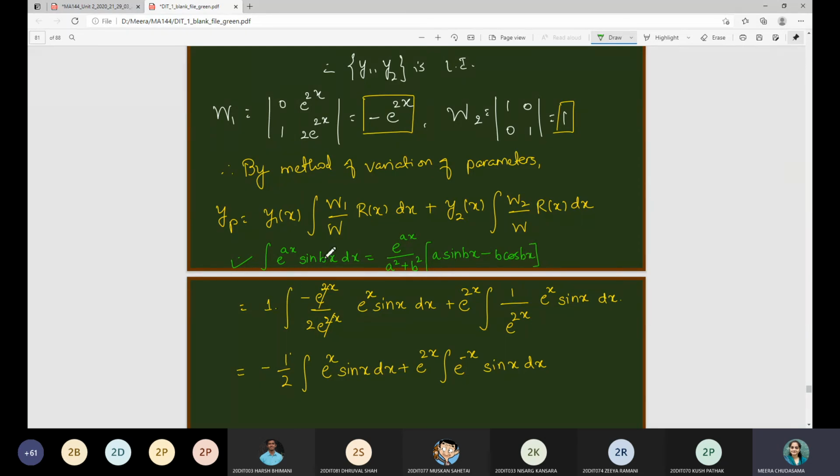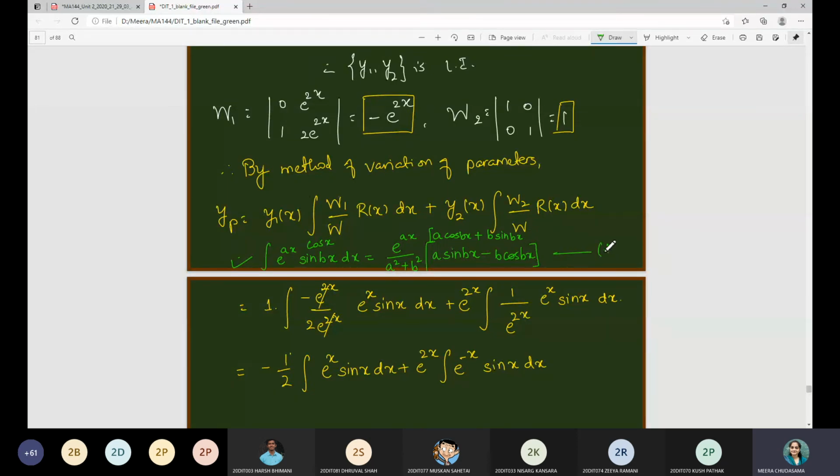And whenever cosine is there in the integrand, the multiple before the bracket will remain the same, but the change in the bracket will be a cos bx plus b sin bx. That is what the formula is.